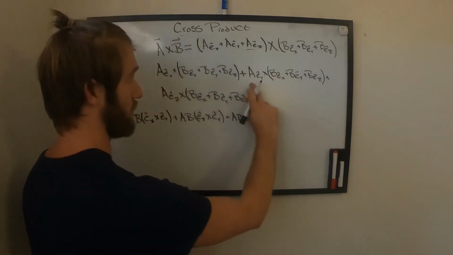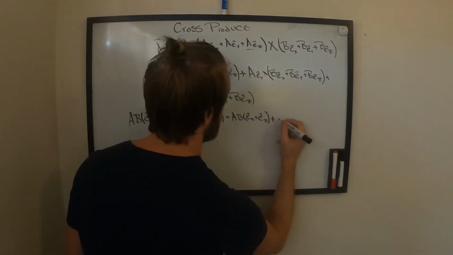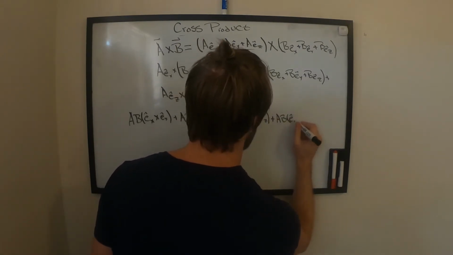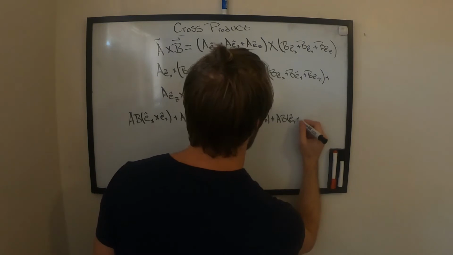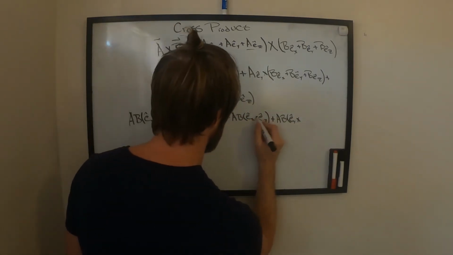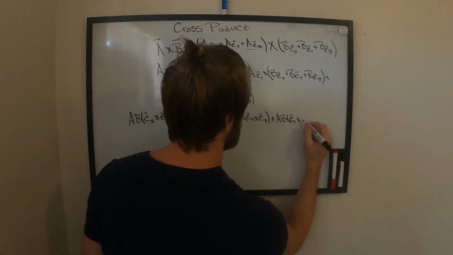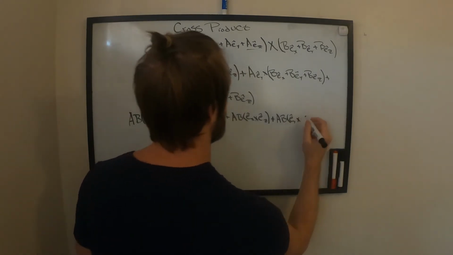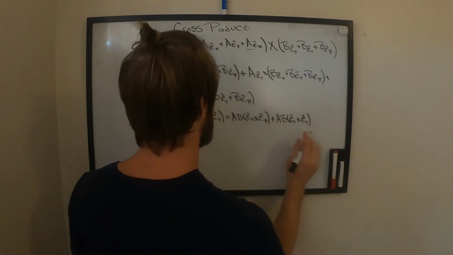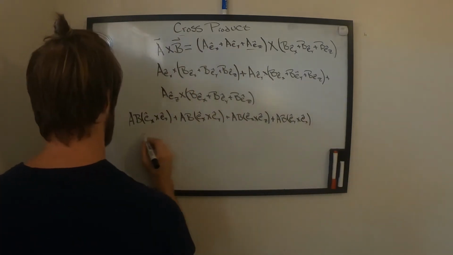Now moving on to our second A component, so plus AB, where it's going to be e-hat y cross, oh, I just realized that's supposed to be a cross there. My mistake. So e-hat y cross e-hat x. And let's move down here.